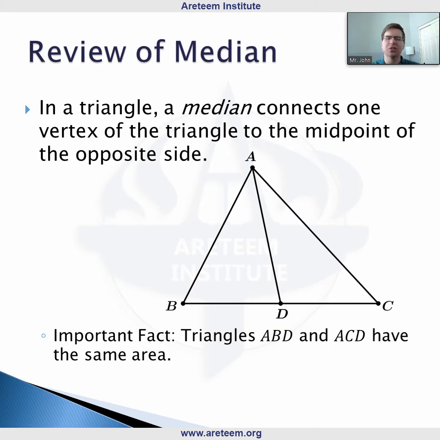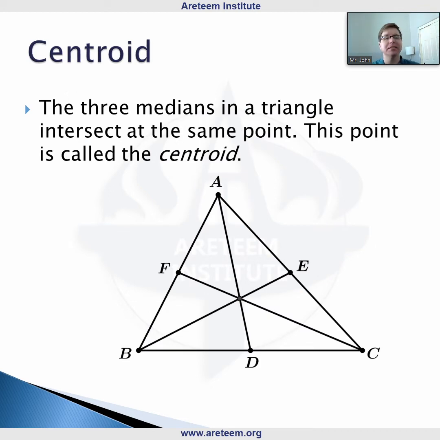Now, what is the centroid, and why is it called a center? Well, it's a center in the same sense that it's the intersection of these different lines in the triangle. So if we look at the three medians of a triangle, we have AD, BE, and CF, and they all intersect at the same point, and this point is what's called the centroid.